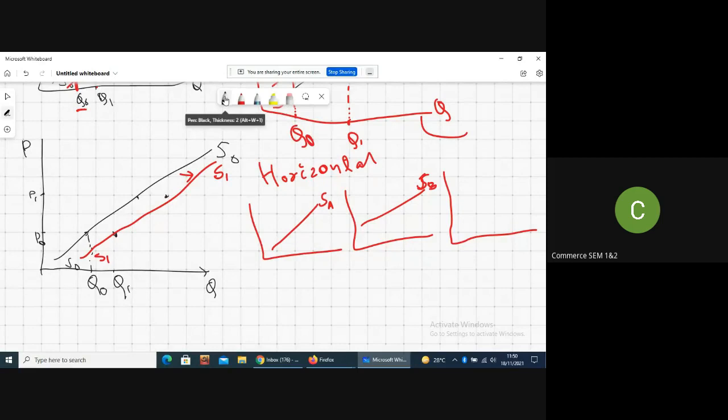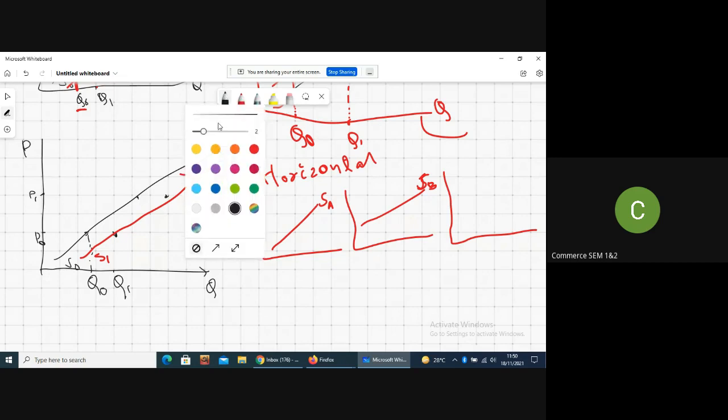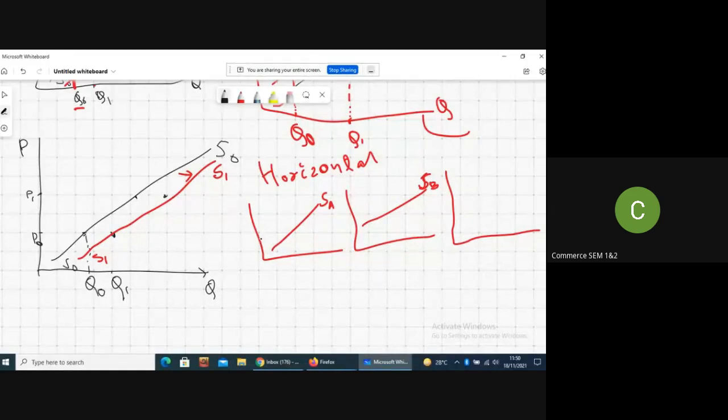For that, take any given price P0. At price P0, this is the amount seller A can produce, and at the same price, this distance is the amount seller B can produce.